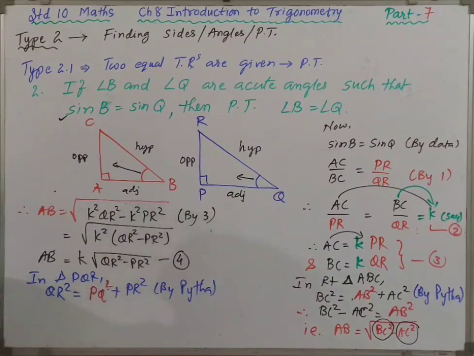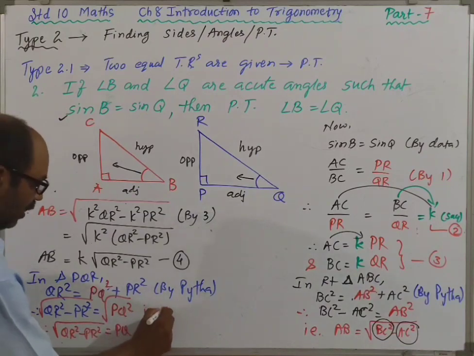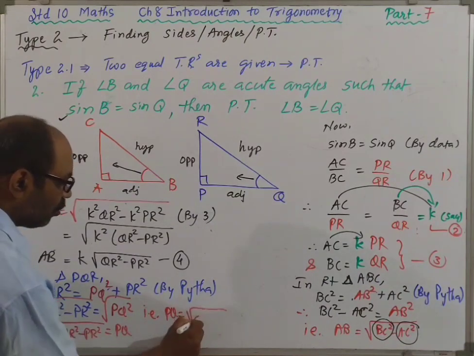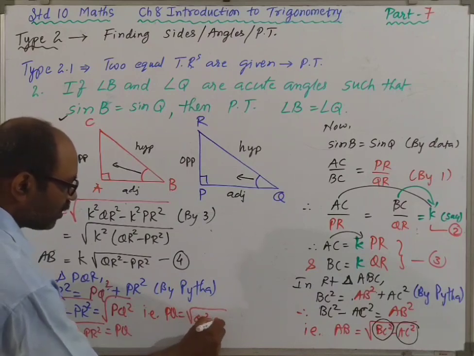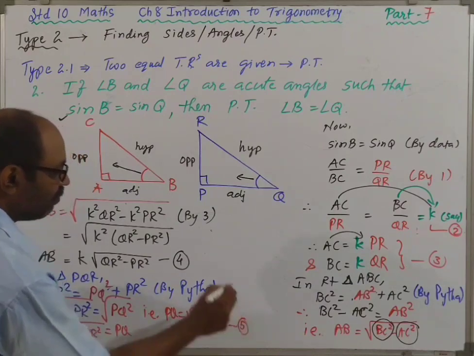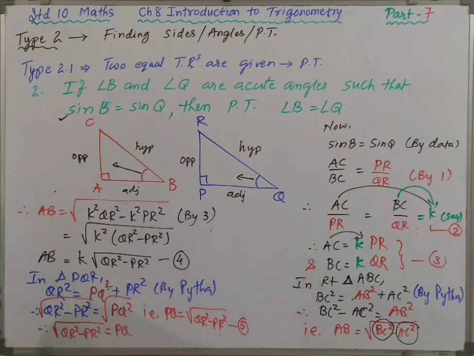PQ square. So therefore, QR square minus PR square is equal to PQ square. चलो, taking square root on both sides. Therefore, square root of QR square minus PR square is equal to PQ, i.e. PQ is equal to square root of QR square minus PR square. Call it result number 5.